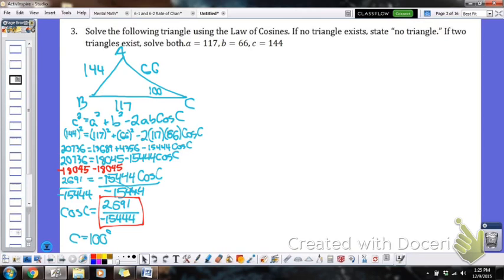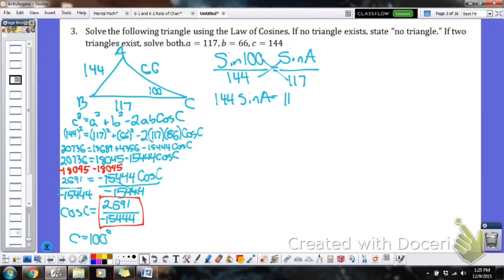So I'll take the sine of 100 over 144, and that'll be equal to the sine of angle A over 117. Let's cross multiply. I get 144 times the sine of A equal to 117 times the sine of 100.